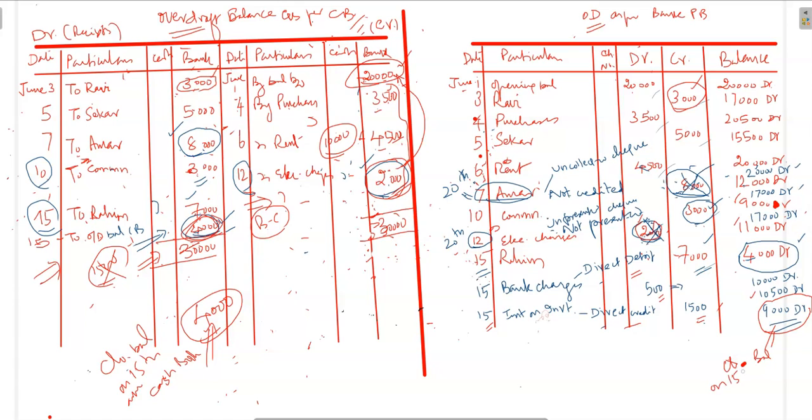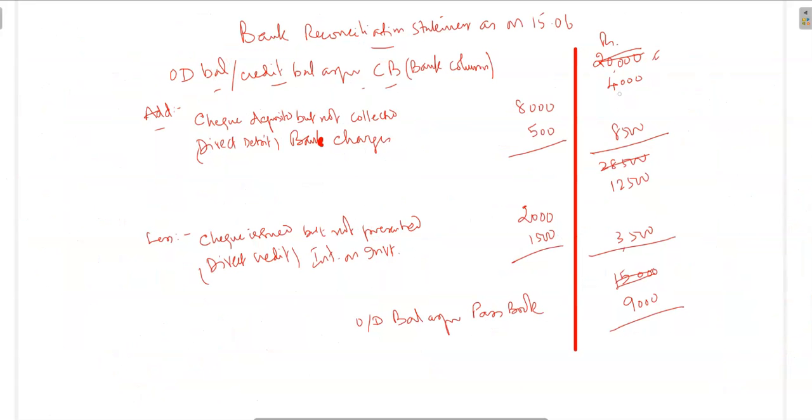So these are the two balances to be reconciled, but wrongly we have taken 20,000. So now it is corrected. 20,000 should not be taken. Instead 4,000 is the amount to be reconciled.